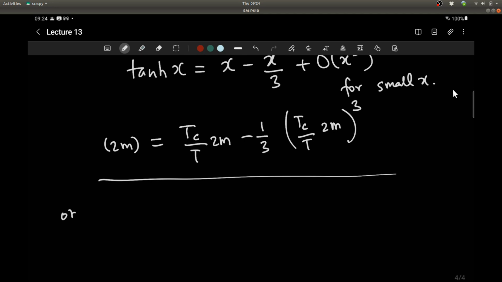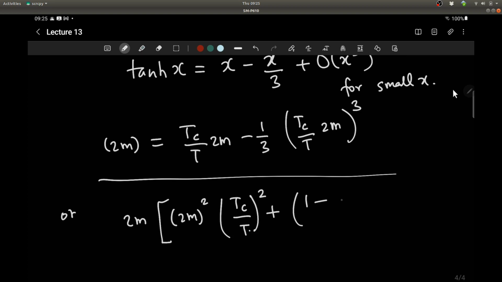So what we get is 2m into 2m whole square, okay.